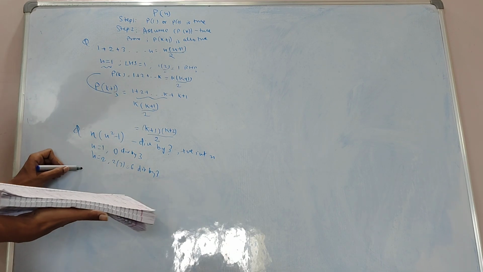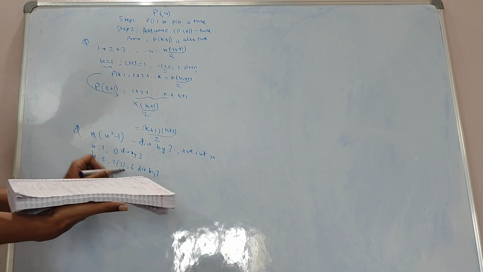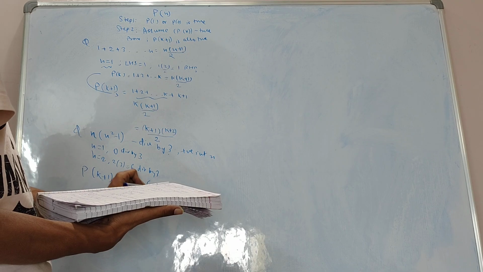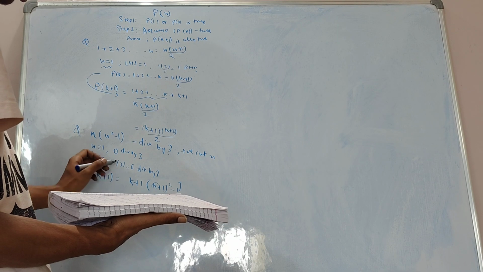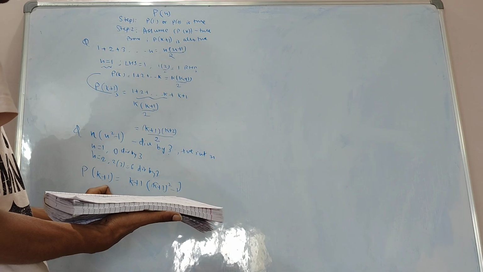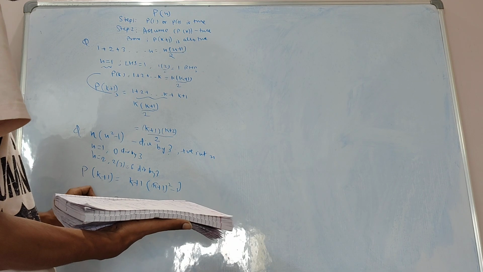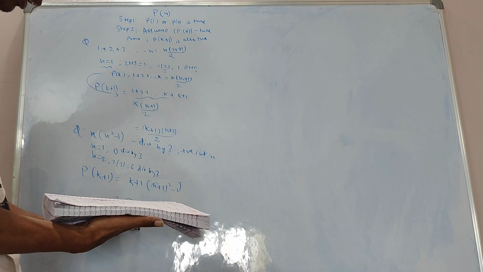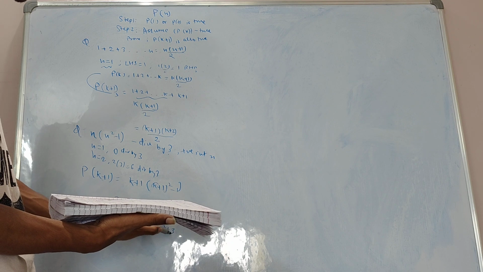Now I will assume P(k+1) is equal to (k+1)((k+1)²-1), right? So I will get ultimately (k+1)³-(k+1), and this I will ultimately get as k³-k+3k²+3k.